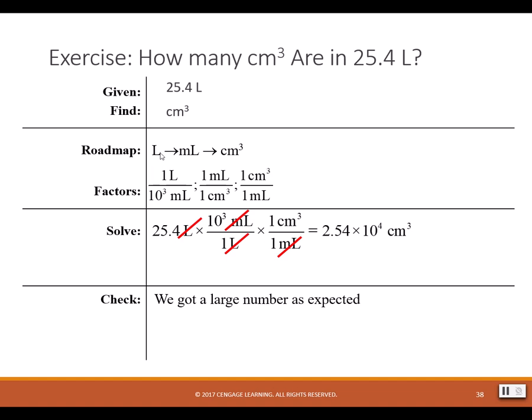I like how they lay out the roadmap, and I think that's useful, particularly when you're starting out or refreshing your skills, so you can see clearly what unit needs to be converted when. As you get more adept at doing unit analysis problems, you probably will not need to do a roadmap, this little column here.